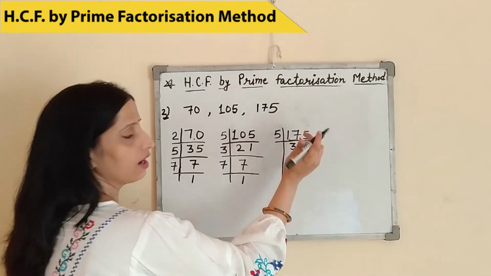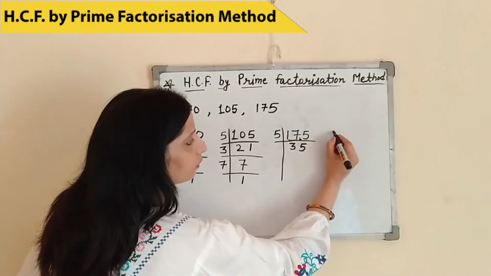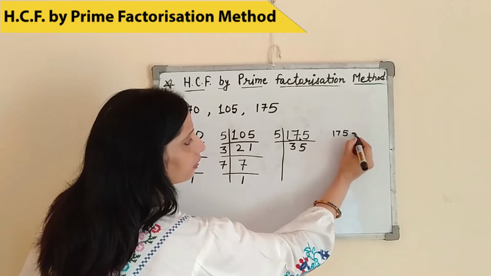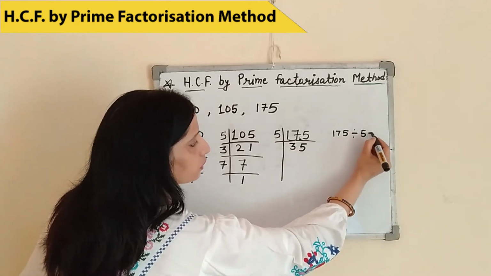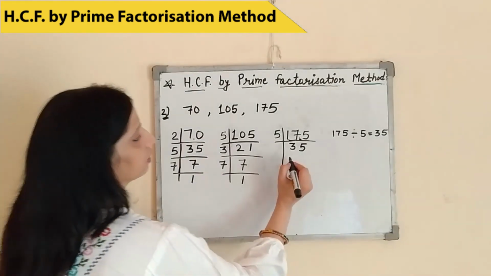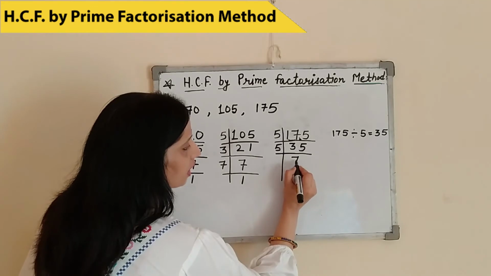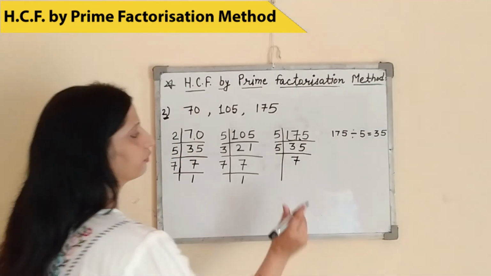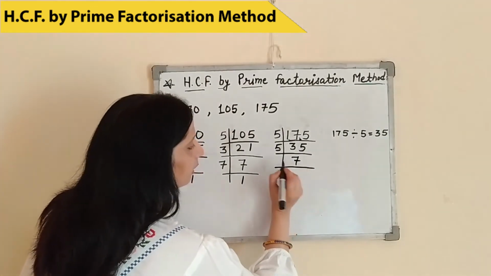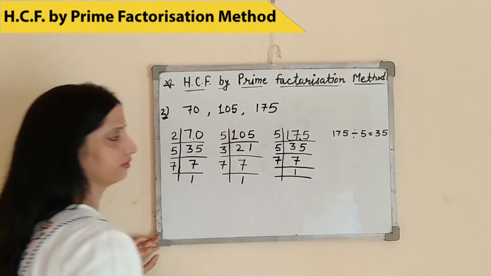So 5 5s are 25. When you divide 175 by 5, you will get 35. Now 35 we know is divisible by 5. 5 7s are 35 and then 7 1s are 7.